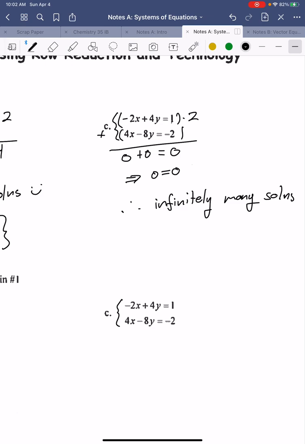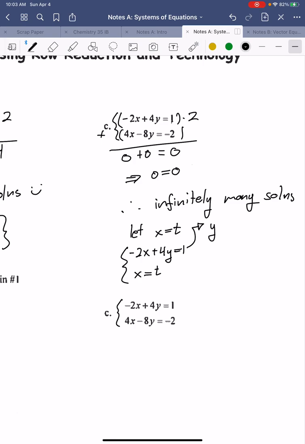So if we let x equal t, our system becomes negative 2t plus 4y equals 1, and then x equals t. Hang on. I have 2x, and when x equals t, we can solve this one and plug in t.